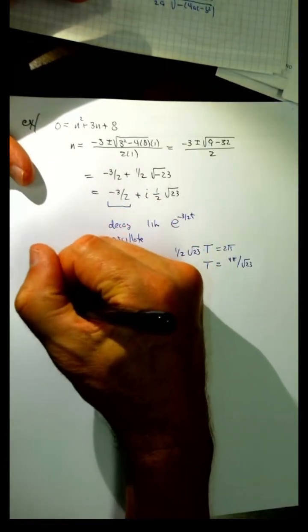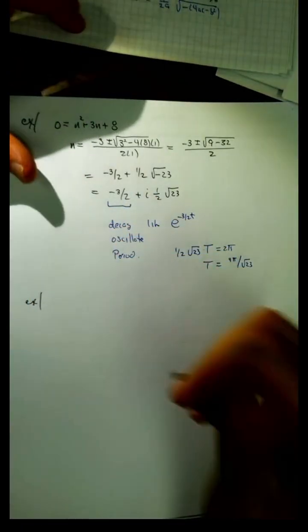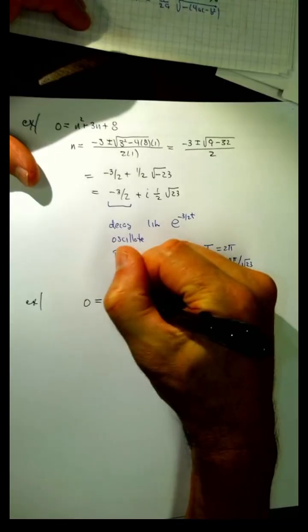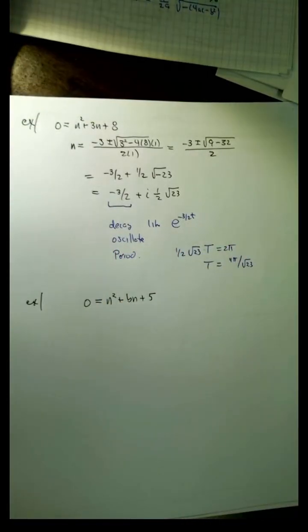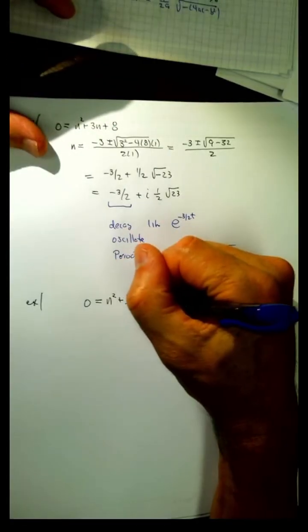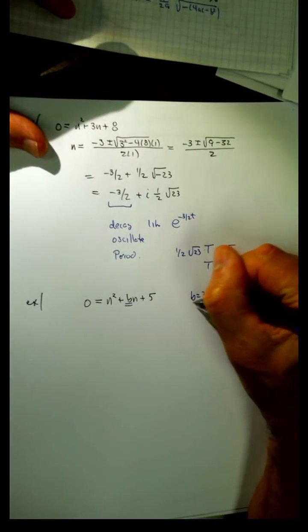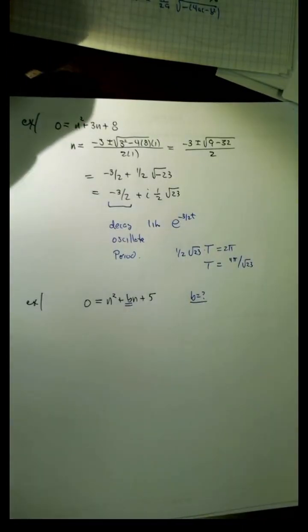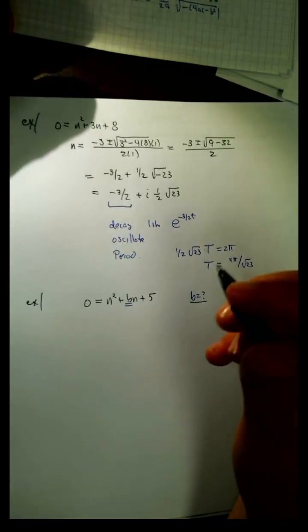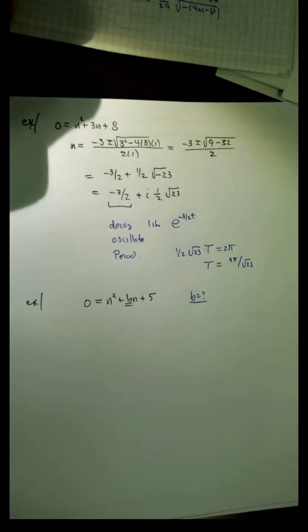Let's do another example. Suppose we have a system and we're going to deal with that quadratic equation. And suppose we don't know what b is. Remember, b is the friction term. So what does this mean?